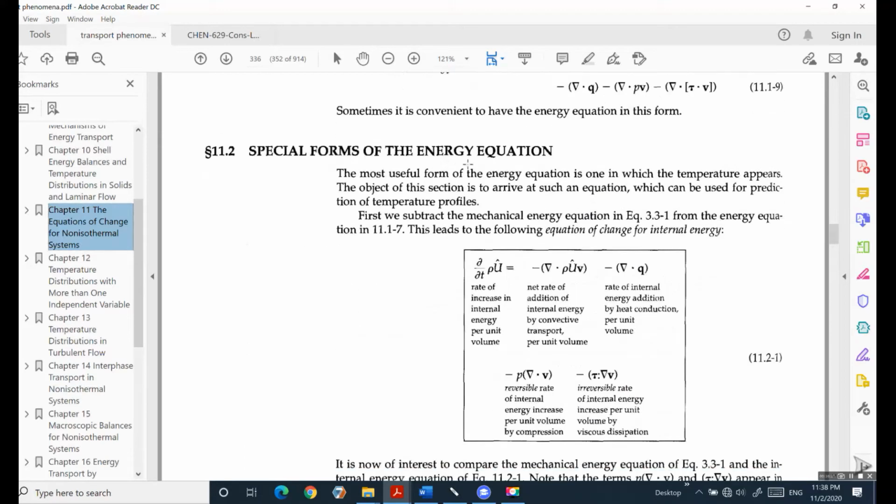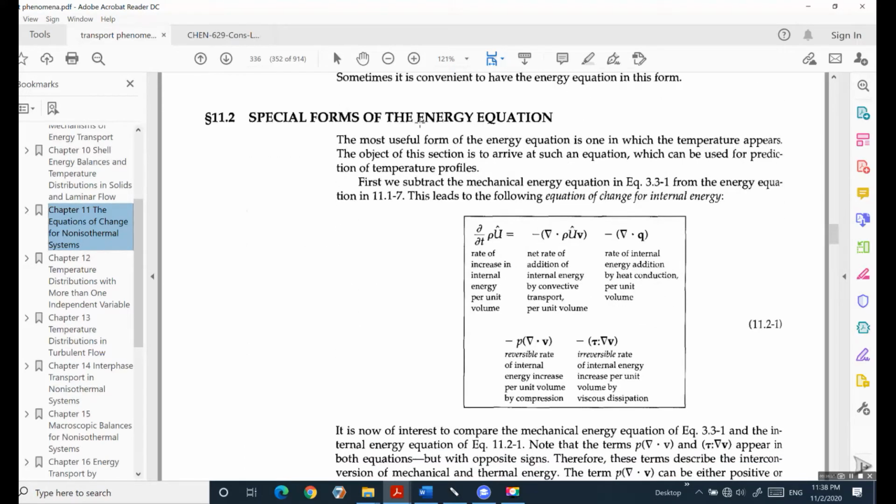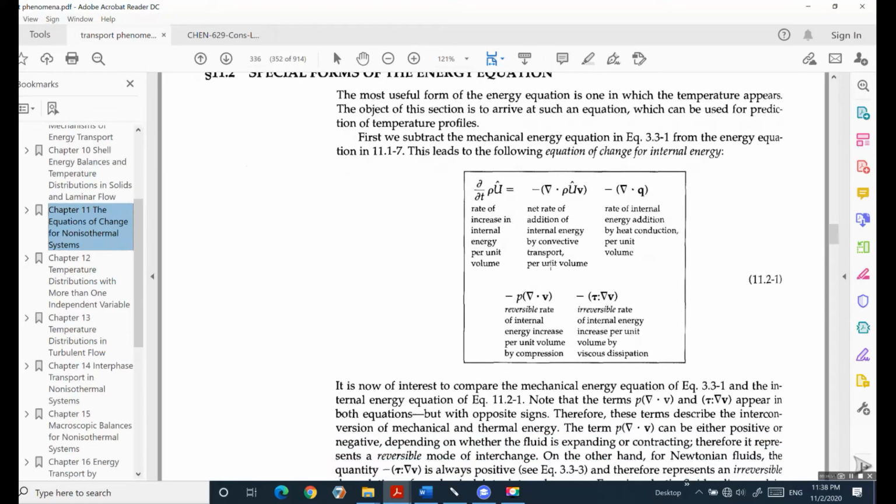Okay, so the spatial form of the energy equation, we know this from before. This is our mechanical energy equation we obtained before. The left side, rate of increase in internal energy per unit volume.